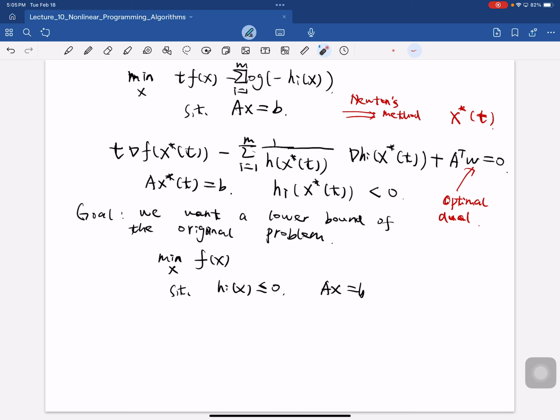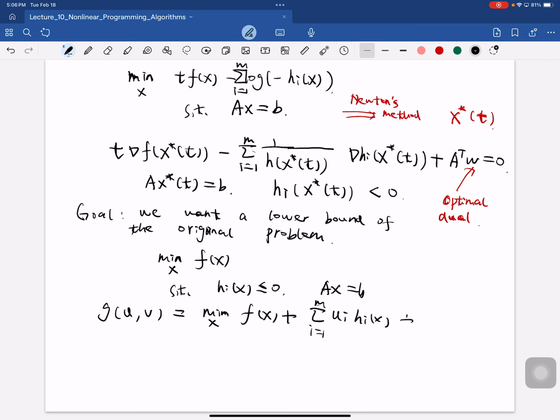Right? So let's remember the Lagrangian function g(u, v) is nothing but minimizing over x f(x) plus the summation of i from 1 to m, let's call it u_i h_i(x), plus, let's say, v transpose (b minus Ax).